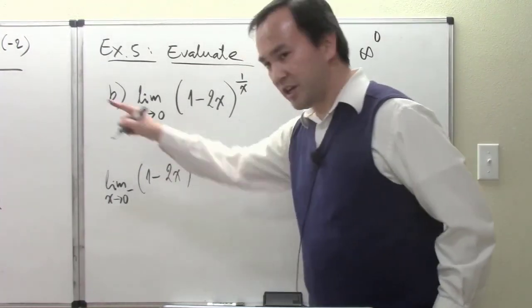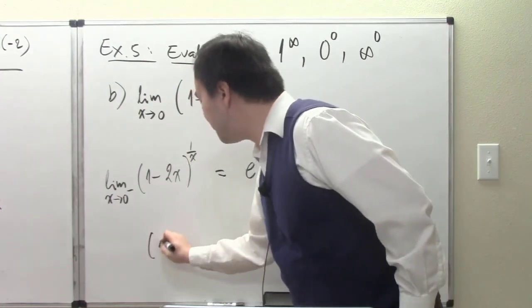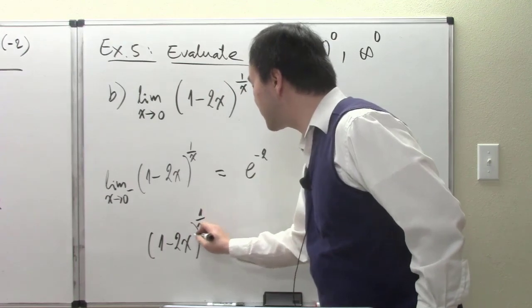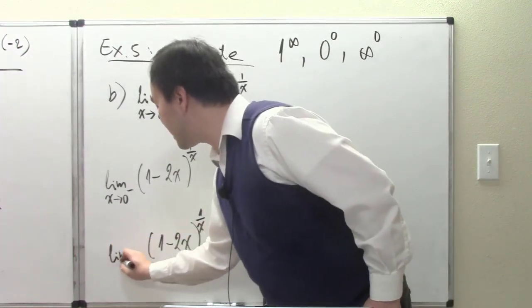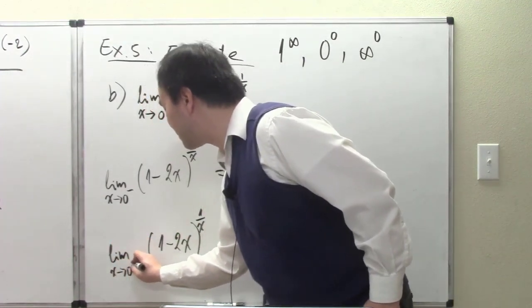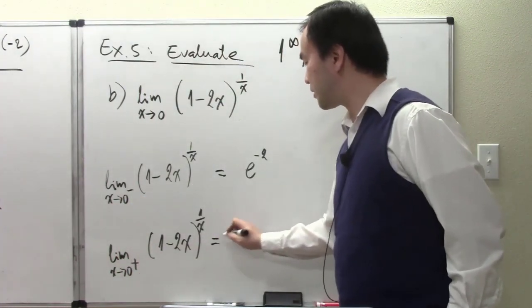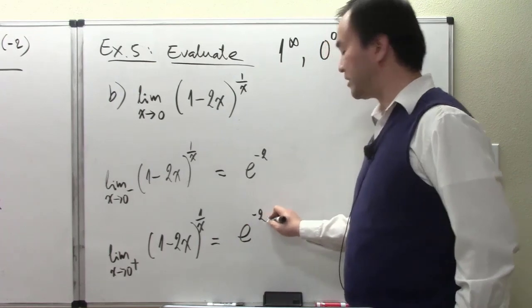Just now we finished with the same function, taking the limit as x approaches 0 from the right hand side, and this right hand side limit also came to e to the minus 2.